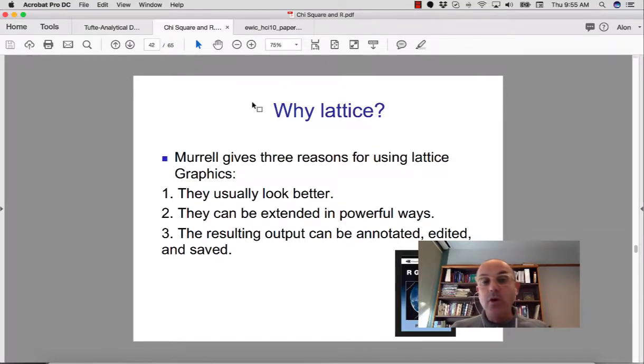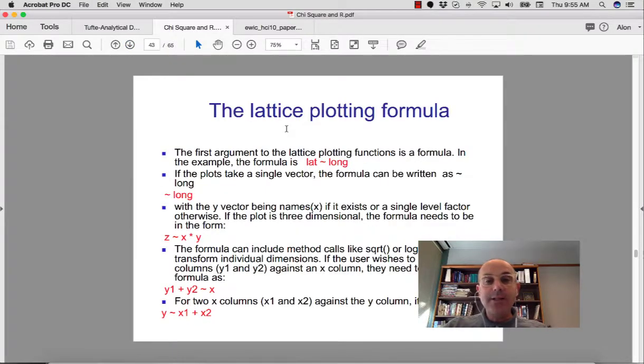So why do we use lattice, and why is it not as famous as ggplot2? It is because it takes a longer time.